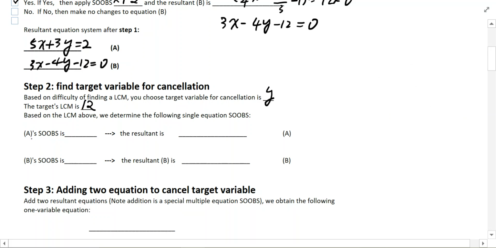So for A, the solve is just 3 times, because we want to get a 12y.